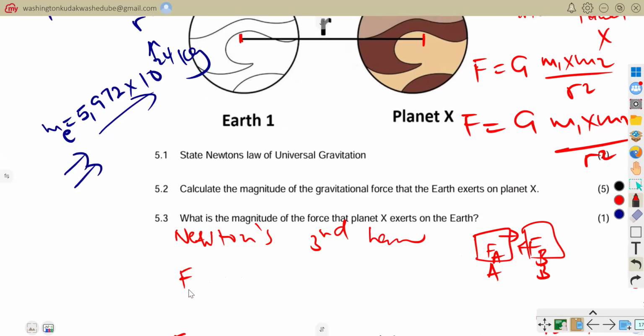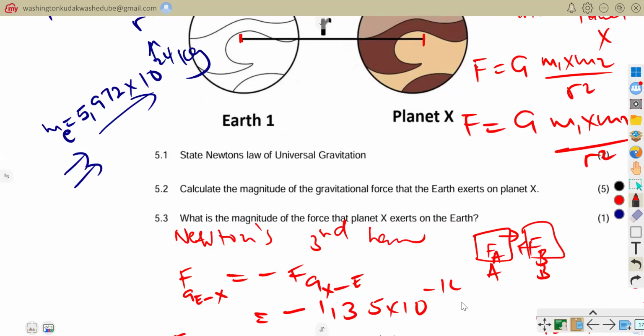So the gravitational force exerted by planet Earth on planet X is equal but in an opposite direction to the gravitational force exerted by planet X on planet Earth. Hence, therefore, this would be equal to negative 1.35 times 10 to the power negative 14 newtons.